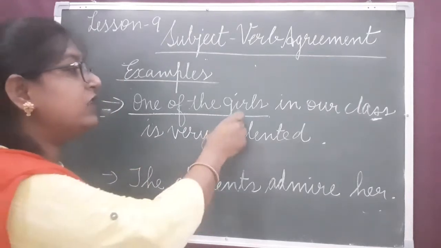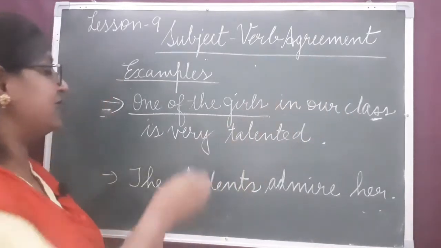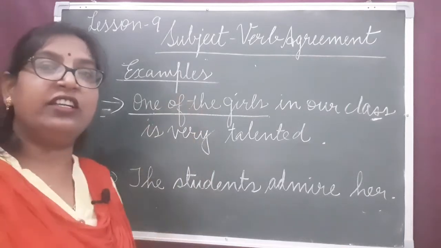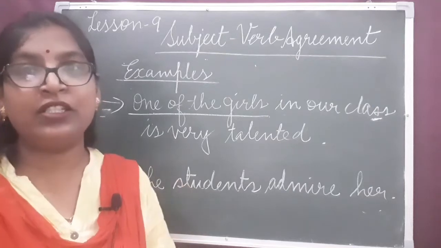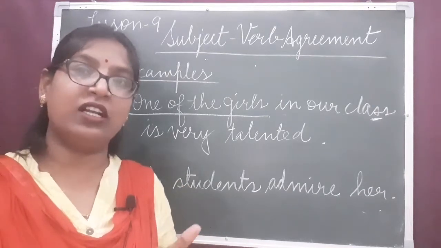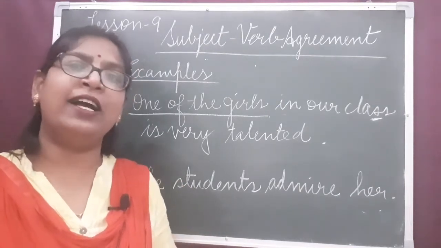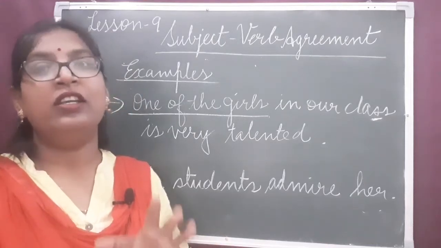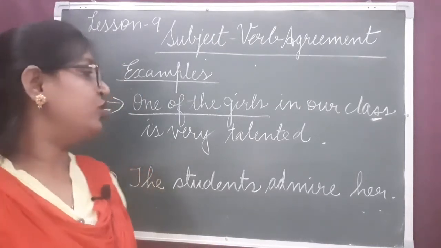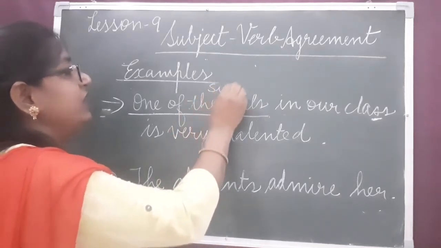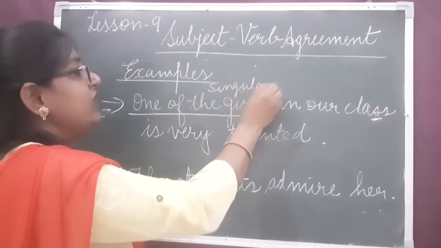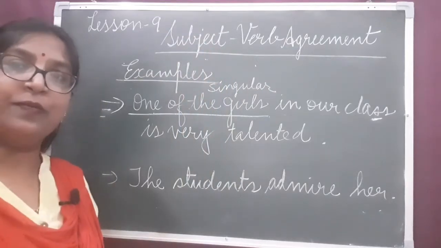One of the girls in our class. We studied that according to the number and person of the subject, we use the correct form of the verb. And this is what is called the agreement. So, here the subject is singular. Singular subject. And what is the verb?